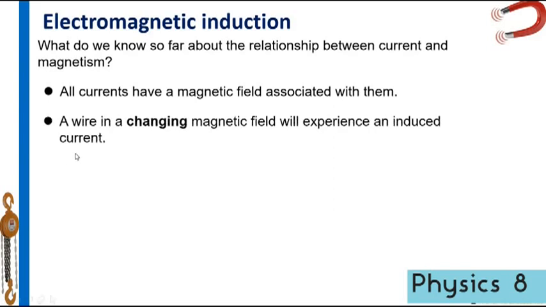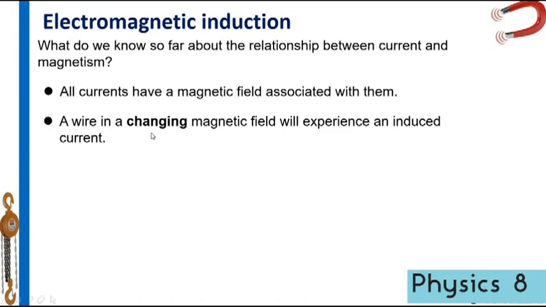We also know that a wire which is put in a changing magnetic field will experience an induced current. Now, this is probably one that you've not come across, and this is the one that we're going to be looking at in some detail as we study electromagnetic induction.